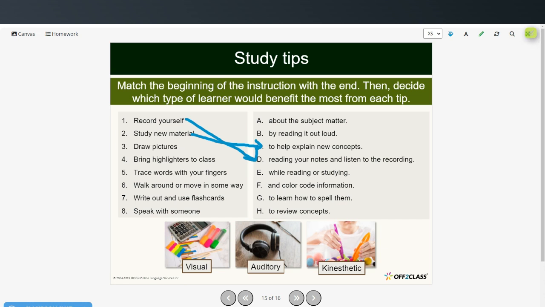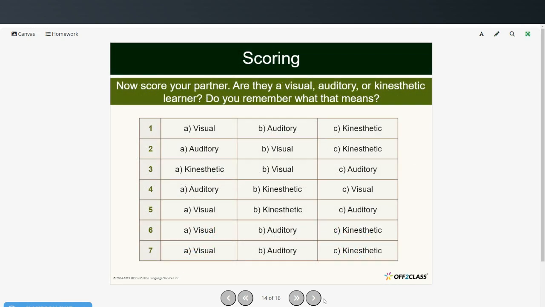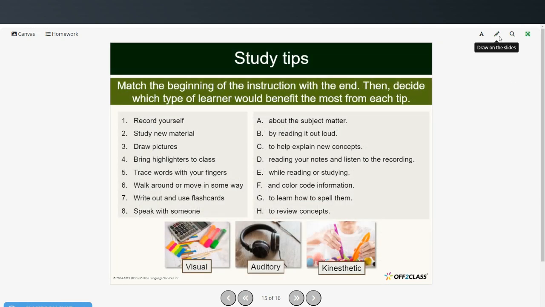Let's see. Actually, maybe I think I made a mistake here. So record yourself reading your notes and listen to the recording, study new material. We'll come back to that one. I'm not really sure. So draw pictures to help explain new concepts. That would be between a visual and a kinesthetic learner.